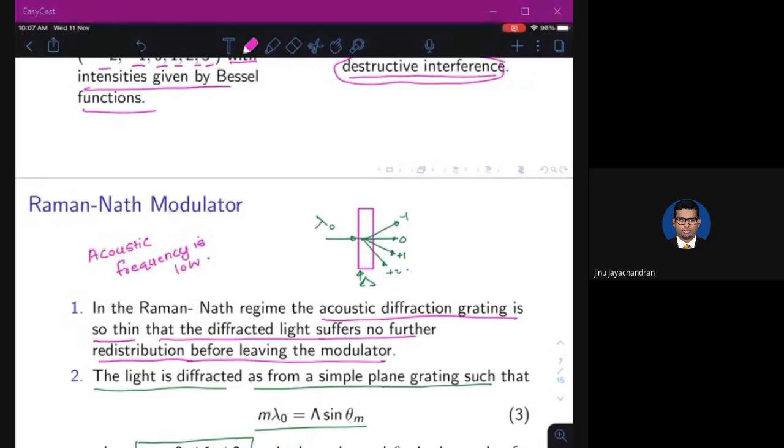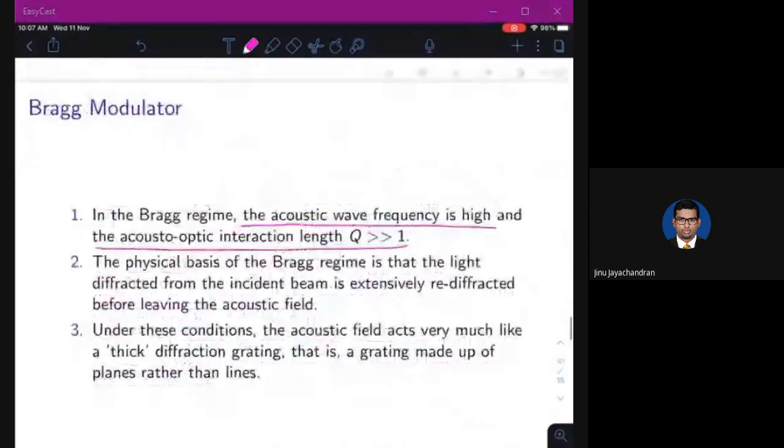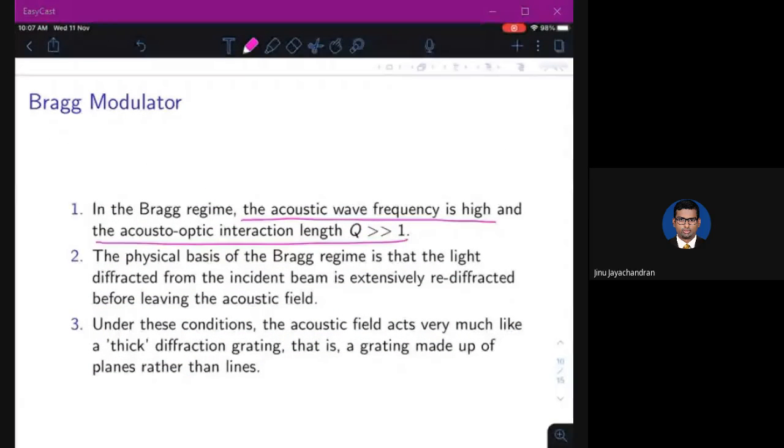But in Bragg modulator you have a high acoustic frequency. The physical basis of Bragg regime is that the light diffracted from the incident beam is extensively re-diffracted before leaving the acoustic field. We will see a diagram in which we will see how that happens.